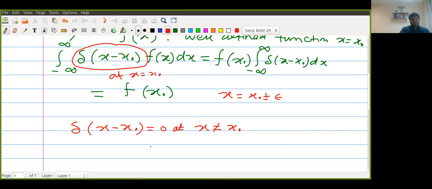At x equals x naught, it will be something like infinity.